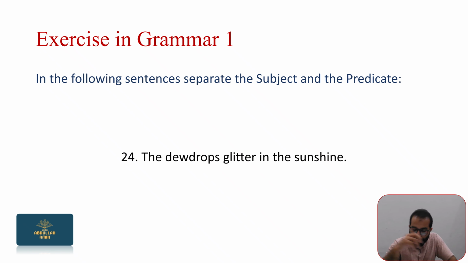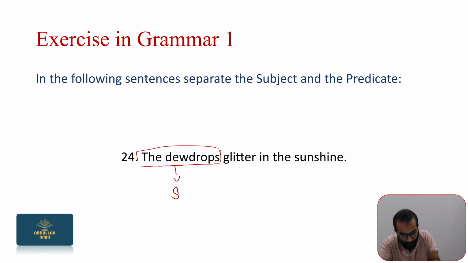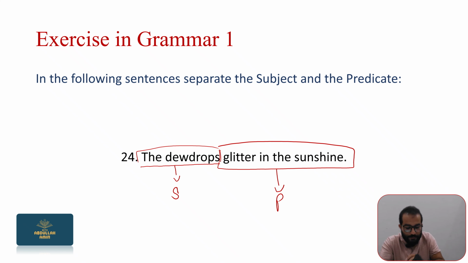Moving to the 24th example, which goes like the dewdrops glitter in the sunshine. So the dewdrops, this part is the subject, and glitter in the sunshine is the predicate in this example.